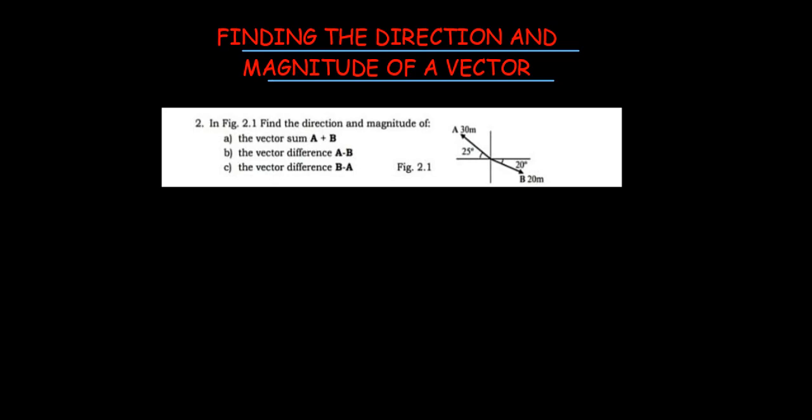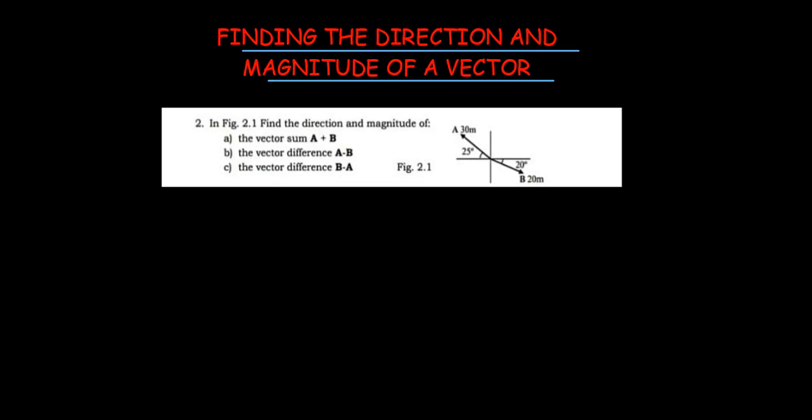We will start with (a). It states that we should find the vector sum A plus B. So how are we going to get that? Remember that when dealing with vectors, one important thing you must always remember is that we have to consider the components of the vector, especially for vector addition and differences.